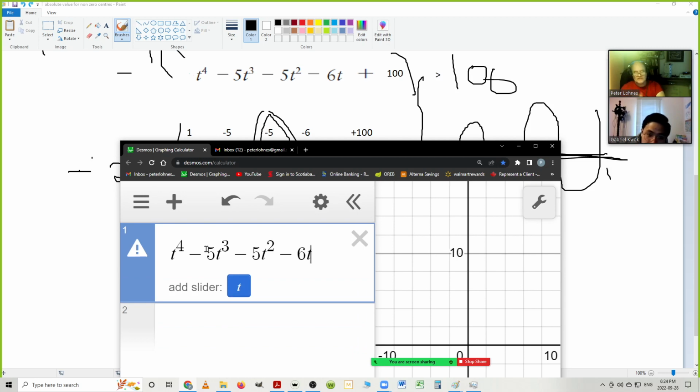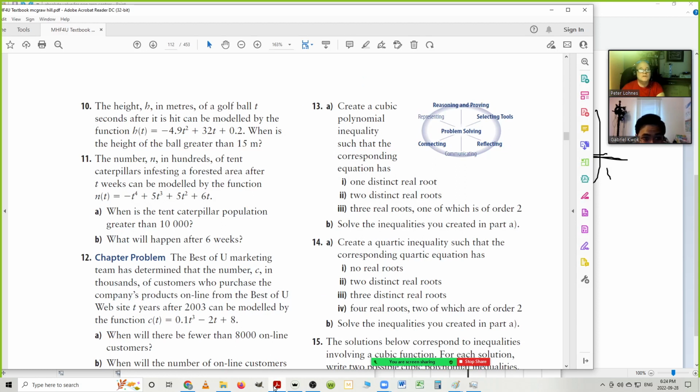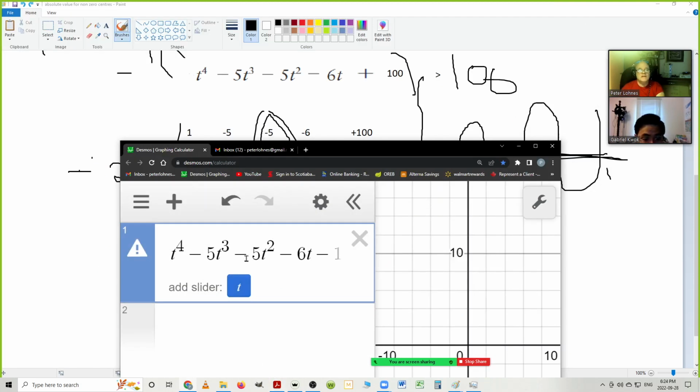Oh no, because I factored out the negative number. If I factor out the negative number here, I want to make sure I got all the right signs. Maybe I got the wrong negatives. It should be positive, negative, negative, negative, positive, positive, negative, negative, negative, positive, and that's what we had when we searched for it.